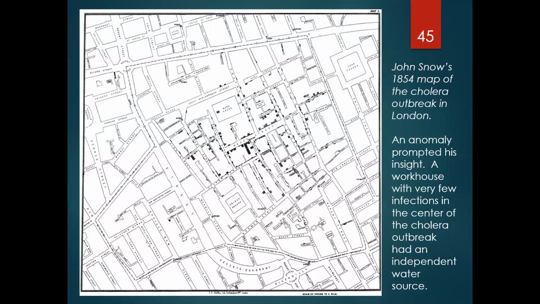And eventually he found out that this workhouse uses an independent water source. So that's the reason why it was not severely infected. So from the spatial pattern, John Snow found the source of the cholera, the spreading medium of this disease.